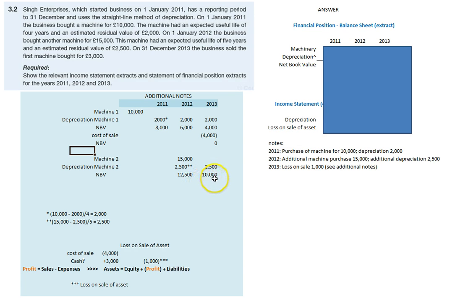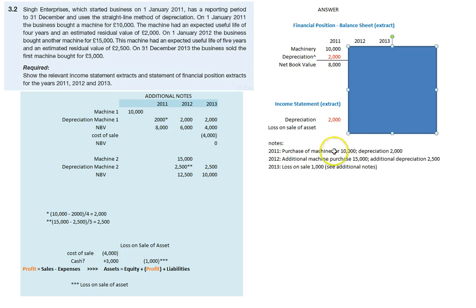So right, so those are our notes. Now we need to progress to writing up our answer. So we start with 2011, and here we have the machinery purchased at the beginning, 2,000 depreciation, and the income statement is going to be a reduction in our profits of 2,000.